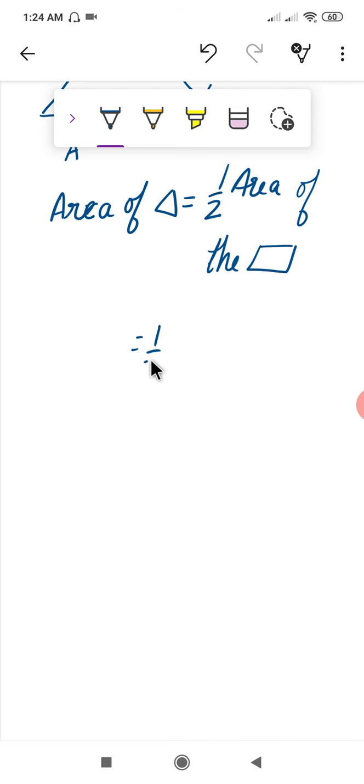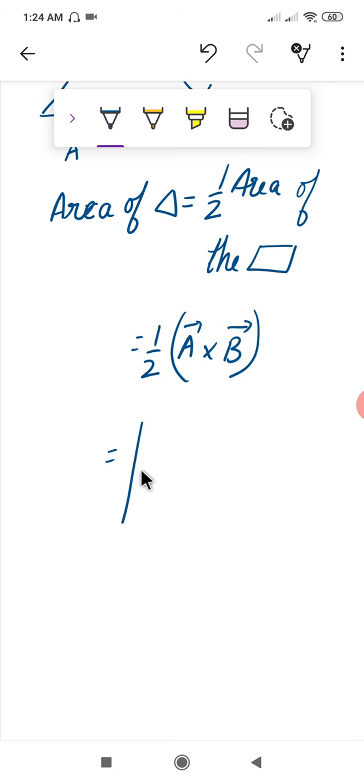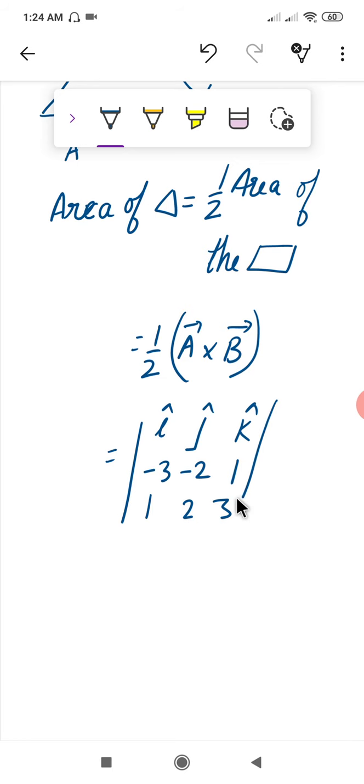So half A cross B. So I think now you can calculate A cross B here also. But yes, I am giving you the solution. You pause the video and solve it by yourself. Then cross check the solution. Have you paused the video?